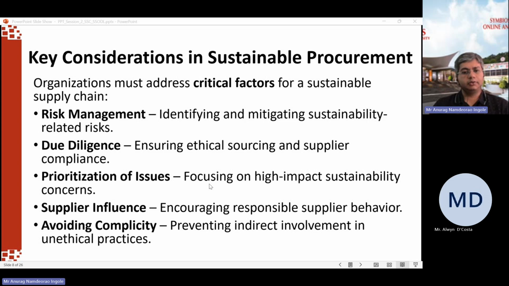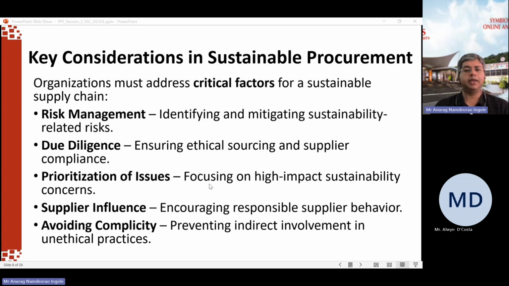Then supplier influence, encouraging responsible supplier behavior. As we spoke earlier, suppliers are your direct partners. So we have to encourage them towards responsible supplier behavior.